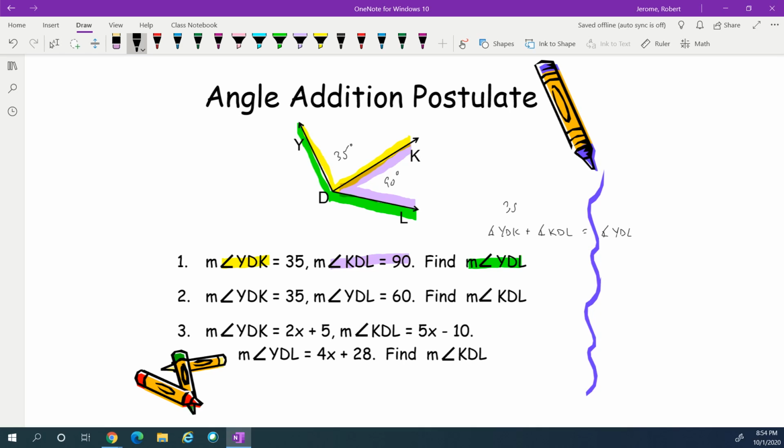So 35 plus 90, and we get 125 degrees is the measurement of YDL. And each of these questions is going to work the same way. So I'll do one more. I'm going to erase what I labeled in the picture. And let's take a look at number 3.